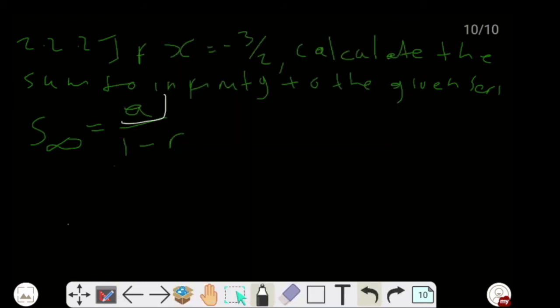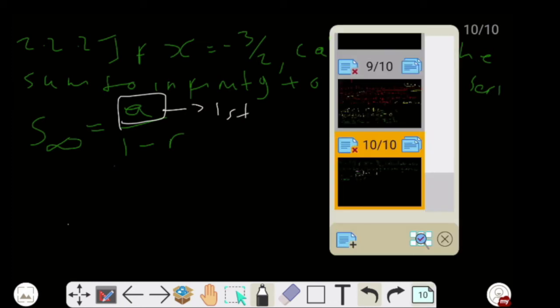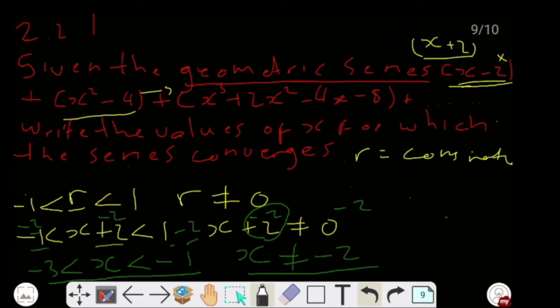Your a is your first term. Now in our equation, what is our first term? Our first term is x minus 2, and then our constant ratio, remember we said, is x plus 2.